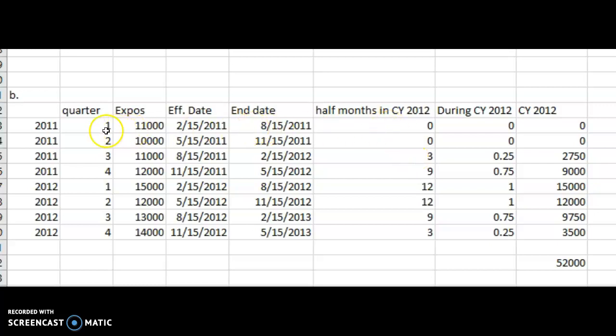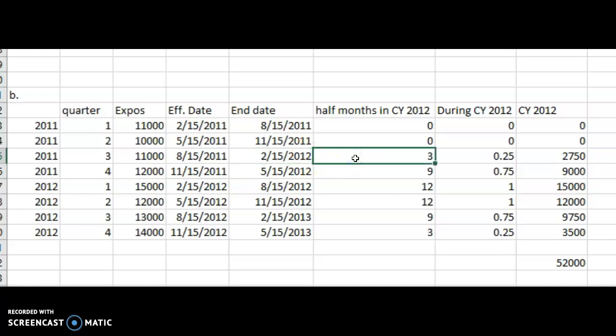We can see the first two policies end in 2011, so there is no proportion in 2012, which is 0 for the first two policies.